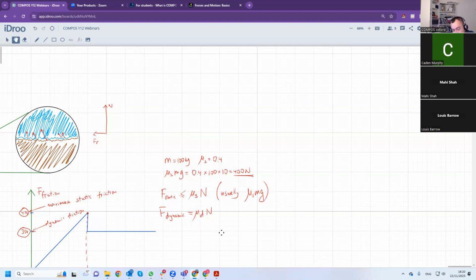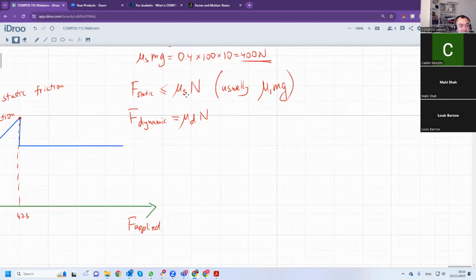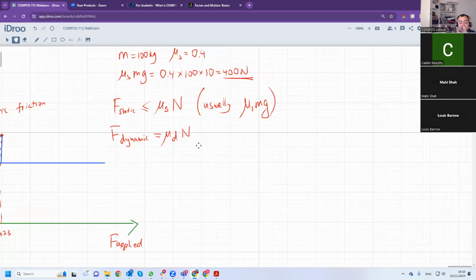Because when we learn about friction, the friction is either mu s times N if you're not sliding, or mu d times N. So it does not depend on the area. It only depends on the coefficient of friction and the normal reaction force. So it looks as if the friction absolutely does not depend on what the contact area is. It only depends on the materials that it is made of.